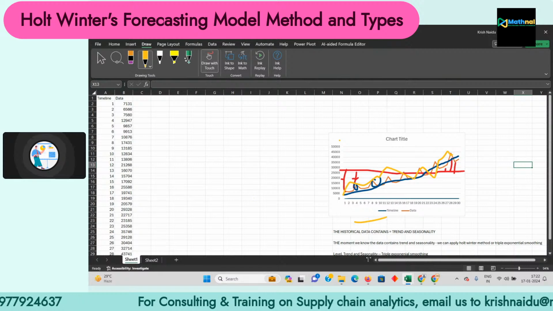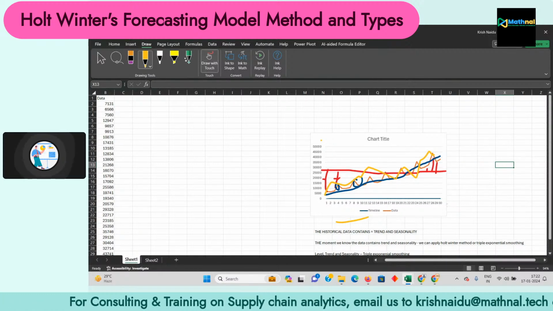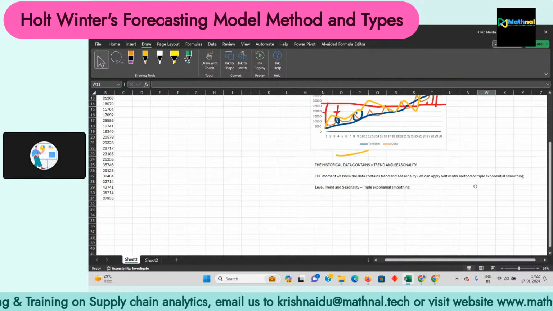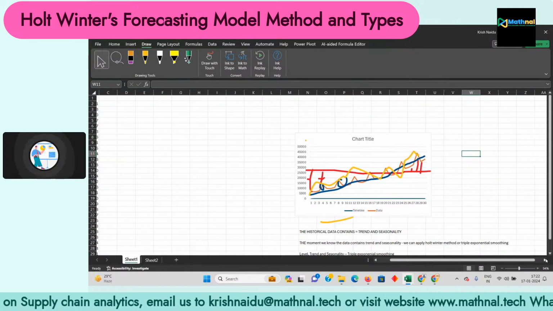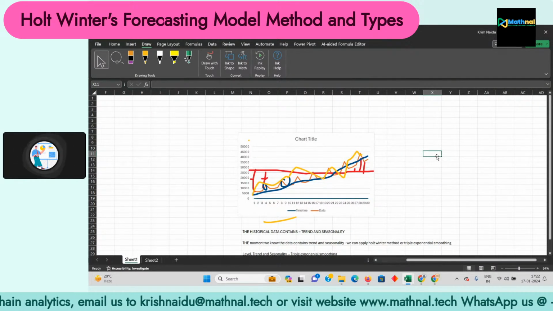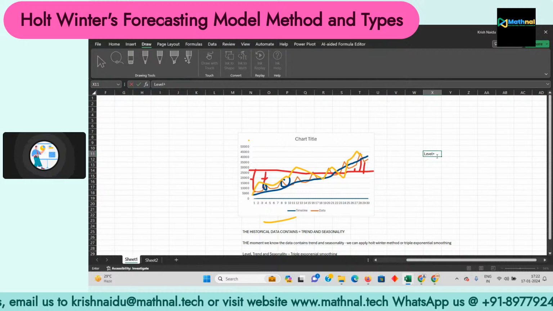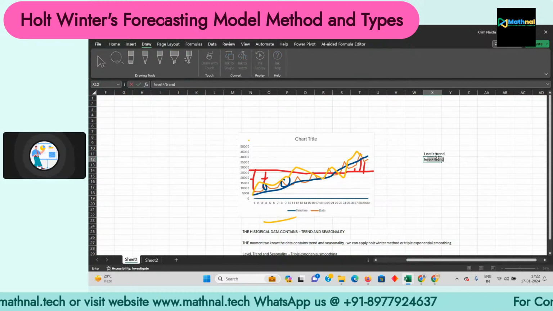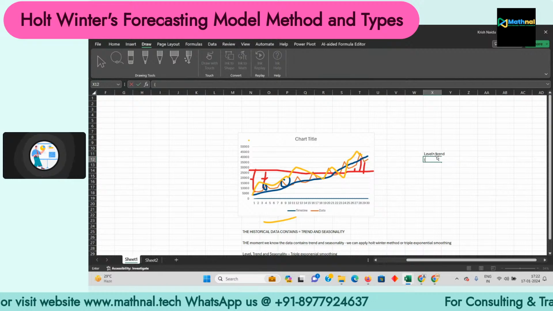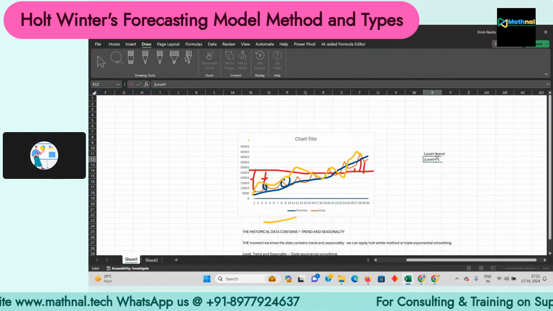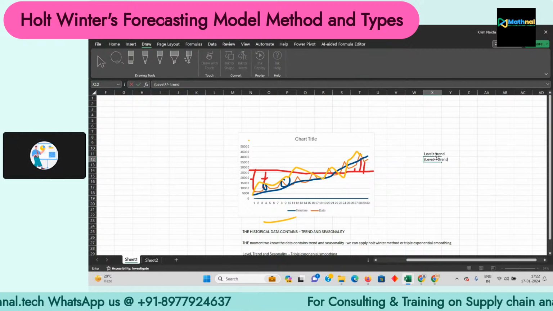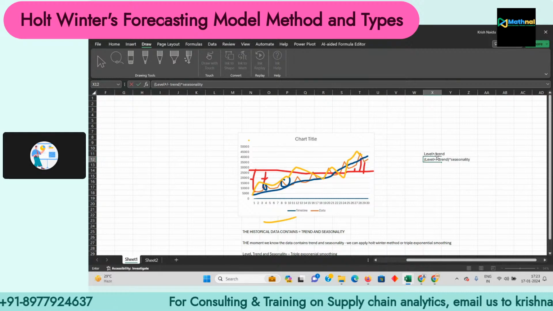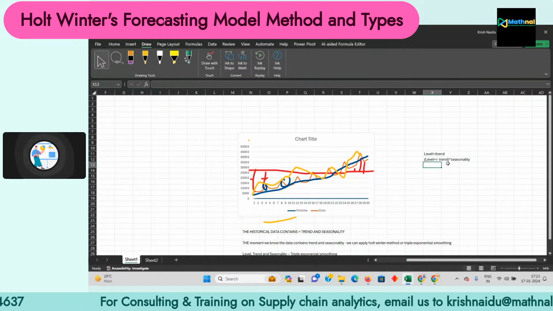That's why we are saying that we have to first do level plus minus trend, and then multiply the level plus minus trend. This is the first thing. Then what will we do? We'll multiply this level plus minus trend with seasonality. Okay. So level plus minus trend into seasonality.